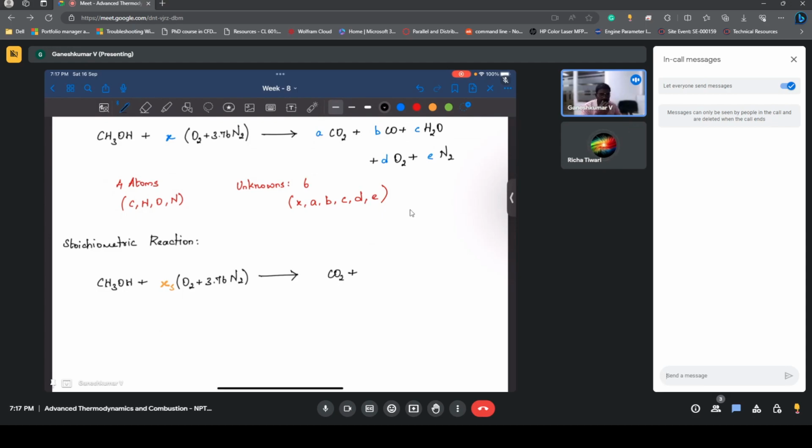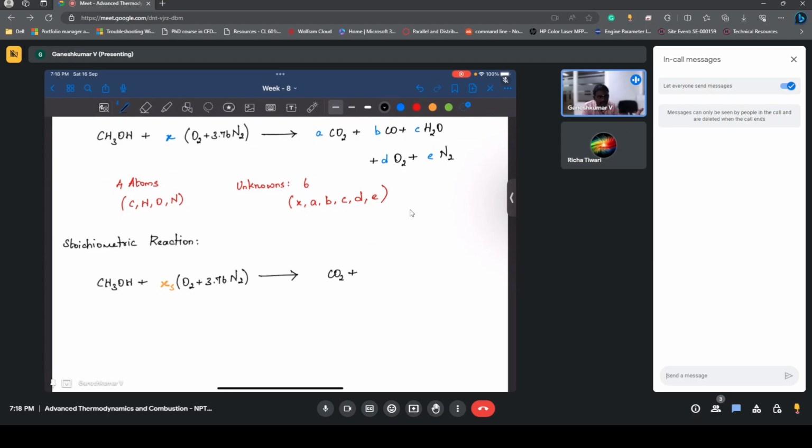For any combustion, on the fuel side it will be a hydrocarbon. Let's say, for example, petrol, which is nothing but a C10, I guess, C10H20 or something around that. Similarly diesel also, right? So you will have a hydrocarbon, and you are converting that into carbon dioxide and water vapor.